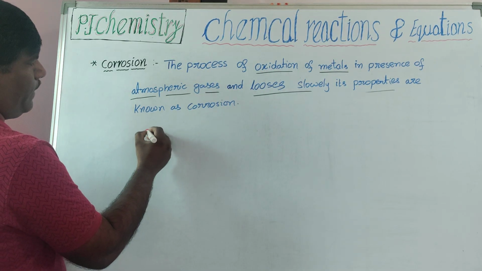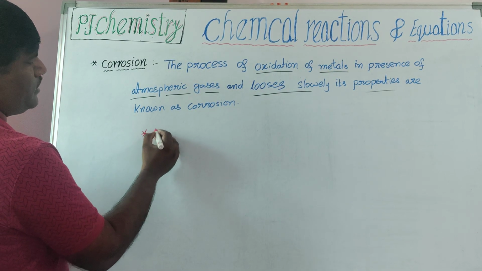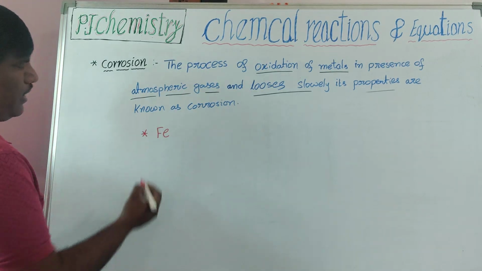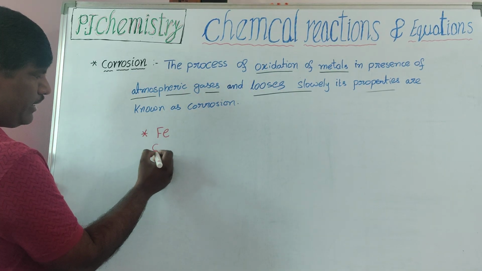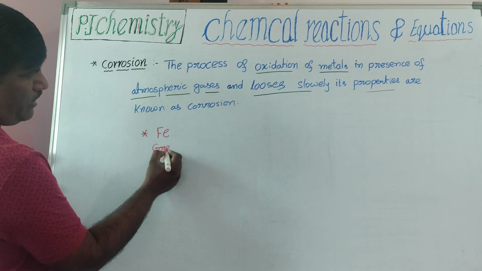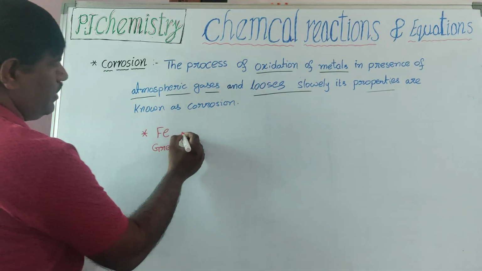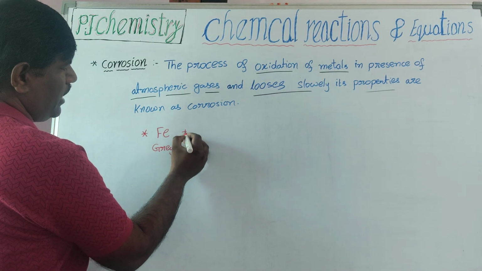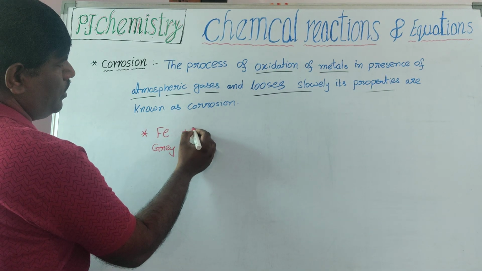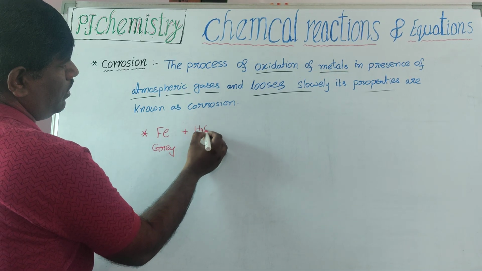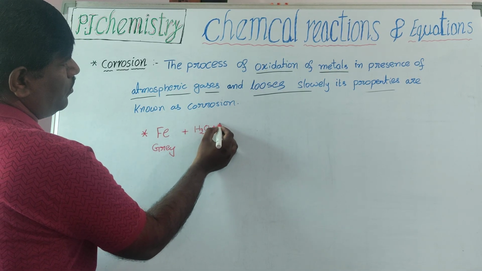So here, the first important example: rust, iron. Iron is silvery gray in color. Simply I am writing gray in color. It is going to react with atmospheric gases, H2O plus O2.